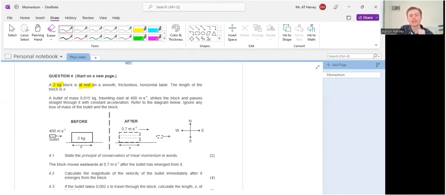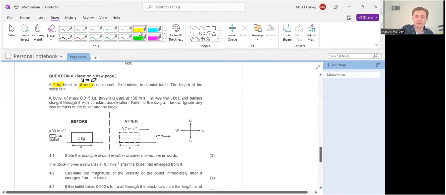It means that the object is stationary. It means that at that point in time, its velocity is 0. A lot of times questioners won't tell you the velocity is 0. You have to understand that if an object is at rest, it is sitting still, it is not moving, it has a velocity of 0.